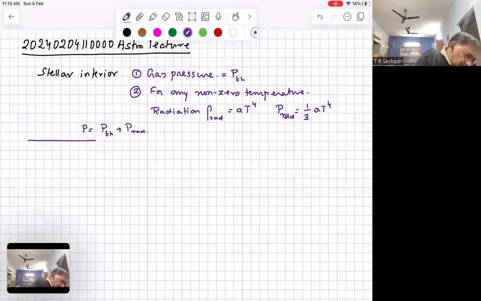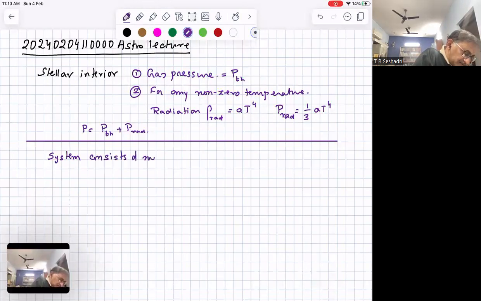Now I will do the following. I will say that my system consists of matter with the mean molecular weight equal to mu.